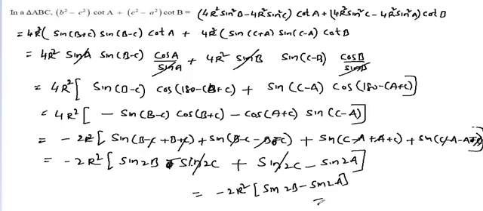So multiplying by minus, that is 2R² into sin 2A minus sin 2B.